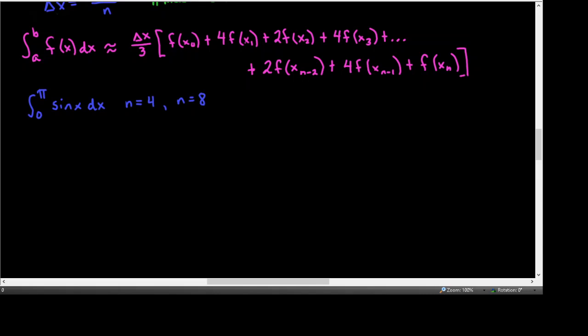All right, so when n is 4, delta x will be pi minus 0 over 4. No big surprise, it's the same delta x we did before. And again, that makes it so that we're comparing like things.